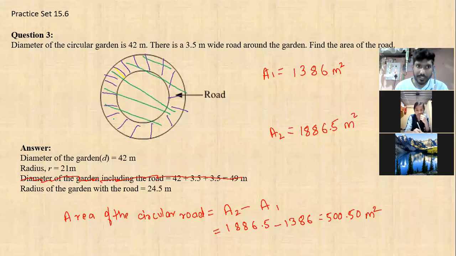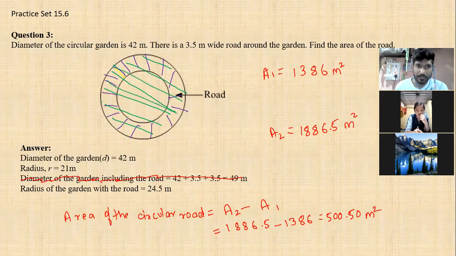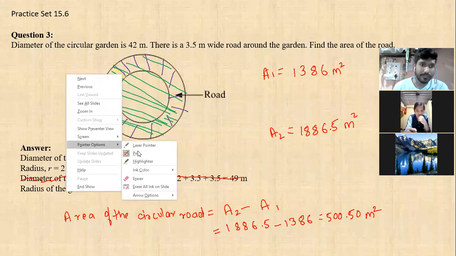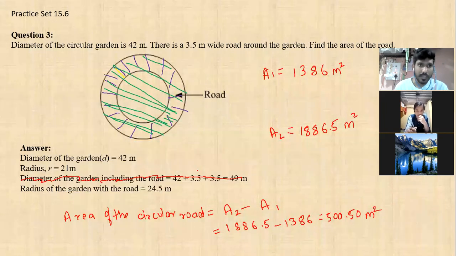The area of this entire big circle, minus this much portion. That is the area of the smaller circle.